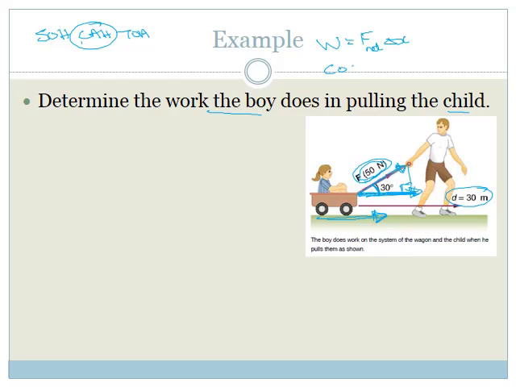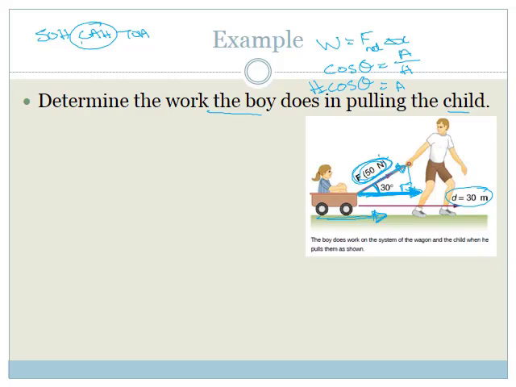So cos theta is adjacent over hypotenuse. The adjacent is the force that we actually want, and the hypotenuse is the force that the boy is actually pulling. So therefore, hypotenuse times cos theta equals the side we want, the actual adjacent side. So what would that be?